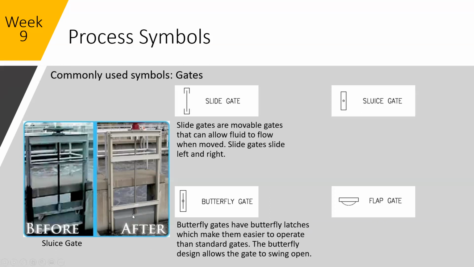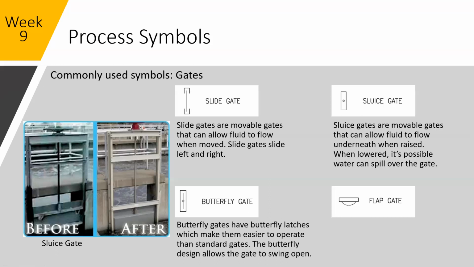So if there's a whole bunch of water pushing against this closed gate, it's pushing into this frame, and you have to overcome all of the friction plus the weight of the water. So with a butterfly gate, half of your pressure on your gate is helping you open. It's supposed to be easier, but it's still a pain in the butt to open.